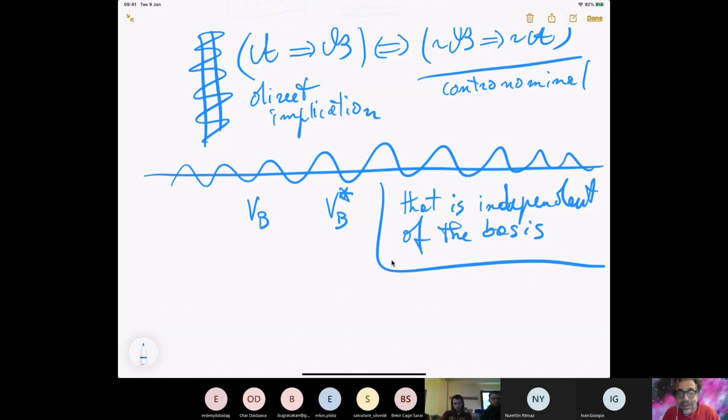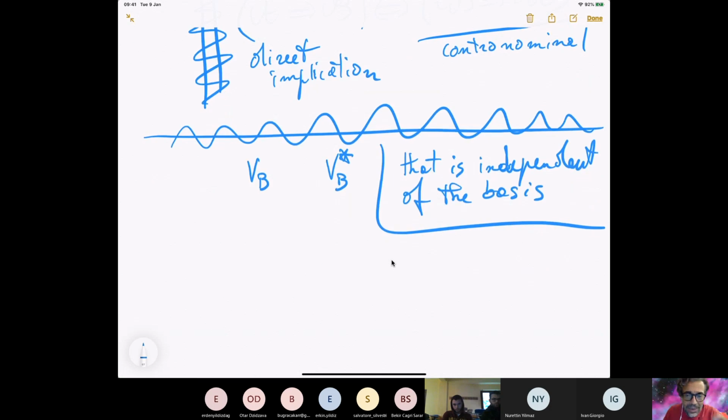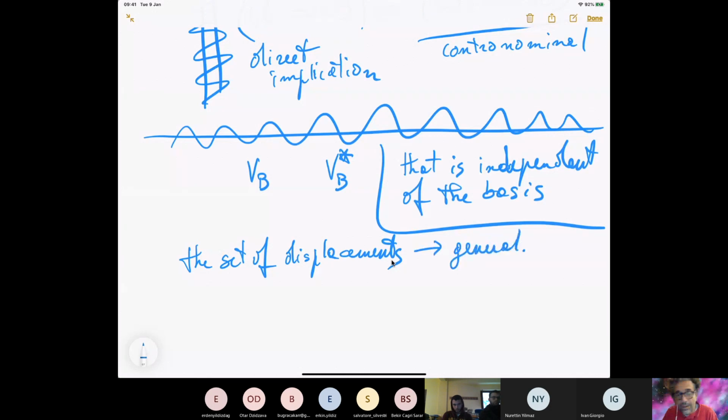So we spoke about a vector space, one specific, the set of displacements. Okay, and we studied it. Then we generalized, and we spoke about a generic vector space.